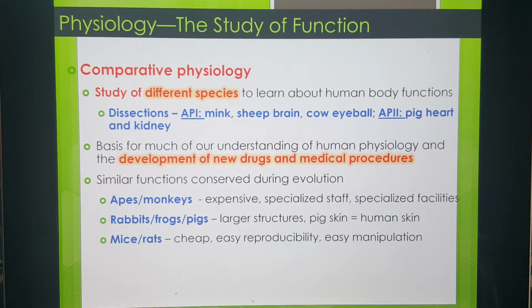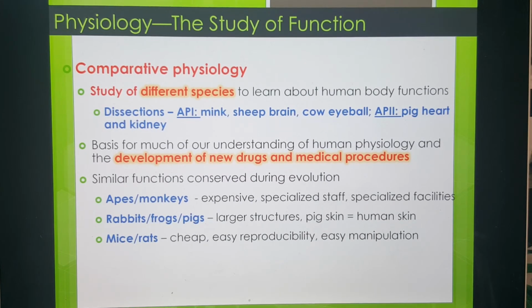So if you want to have your own personal one at home, it would work well. Another reason we use animals is that they're easier to work with, especially when it comes to development of new drugs and new procedures. We're able to test on animals before we get to the human ones.